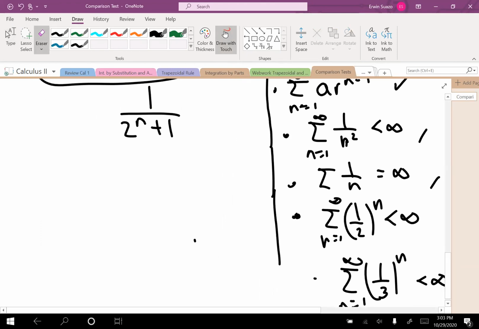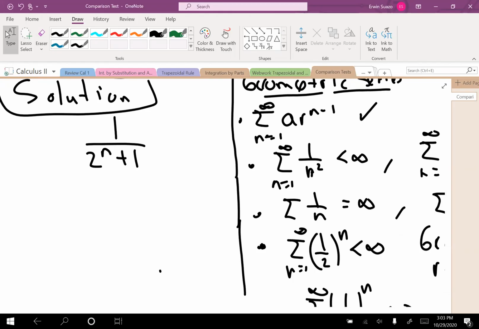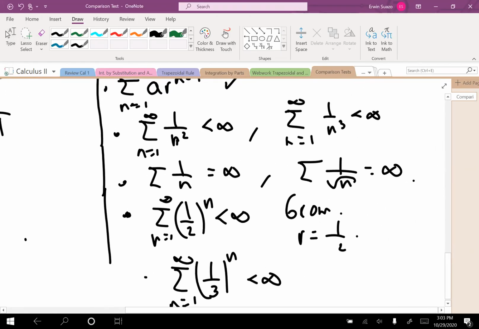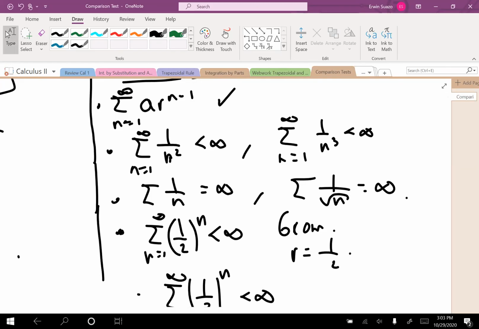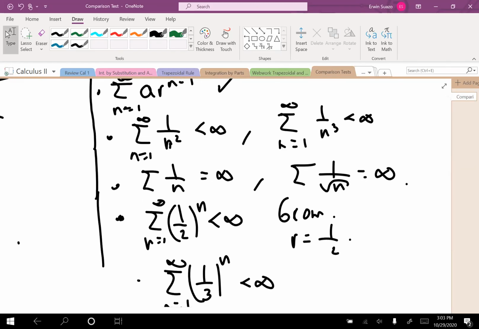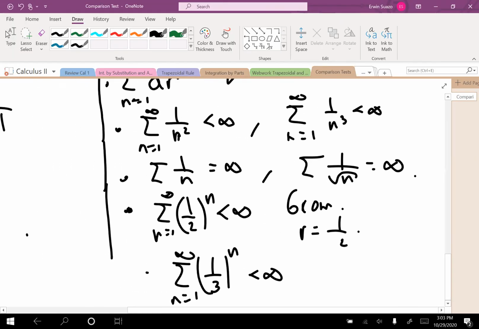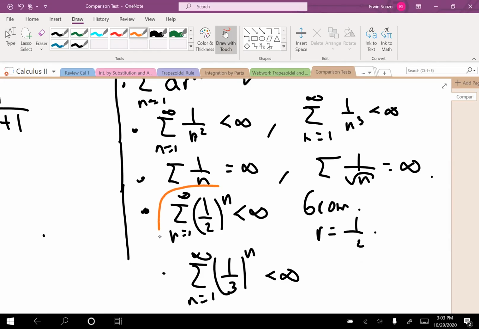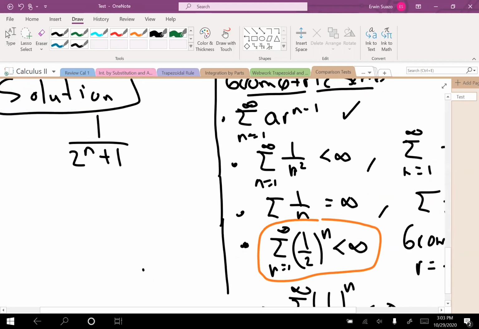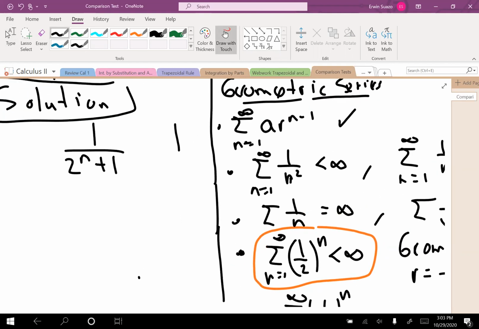So this series, this is a_n or b_n, whatever you want to call it. This is very similar to which one of these? It's very similar to, is it 1/2 to the n power? Yes, to this one. So this is similar, so you put it next to it. You have to hold your brain like that. They are similar.